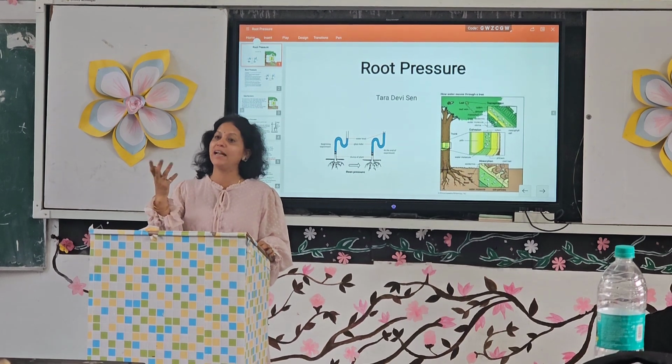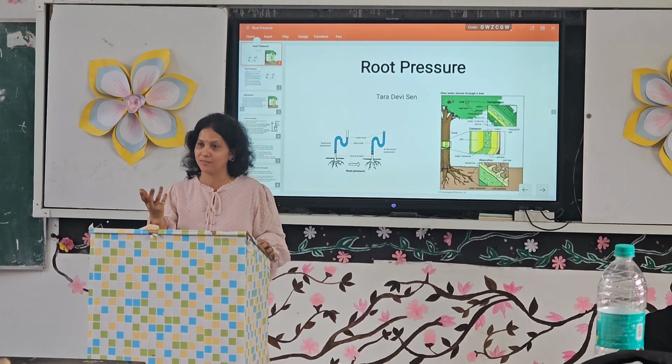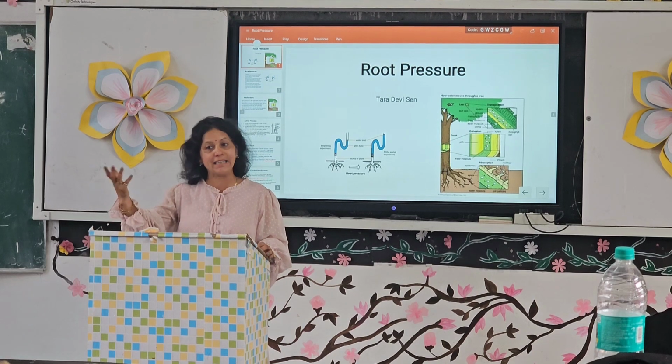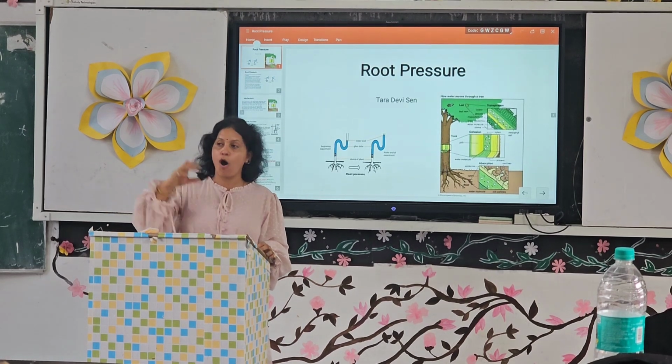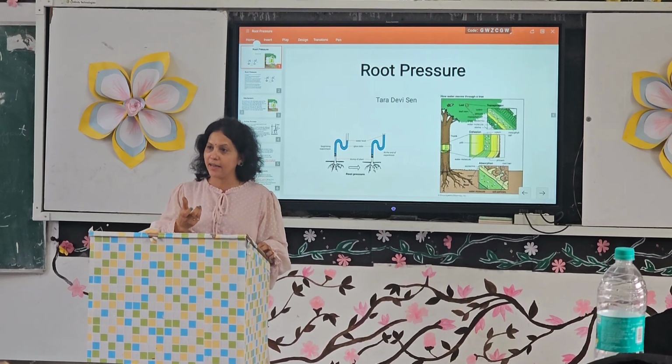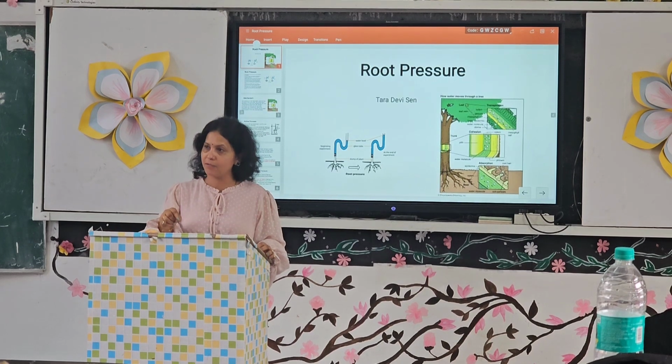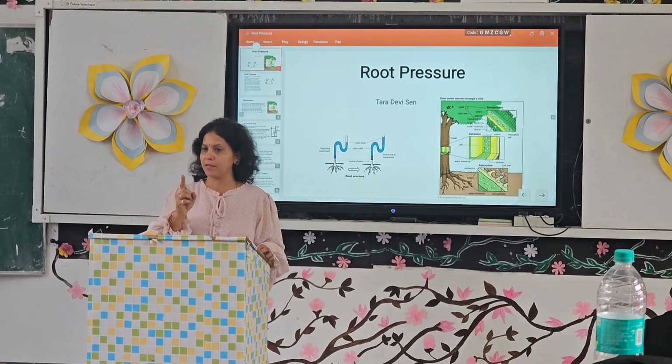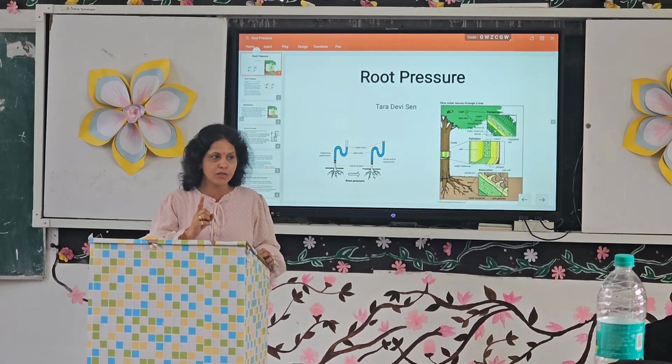Whenever we cut the twig, this transpiration pull continuously takes up water from the root system, but this continuity is broken by the cut end, and as a result the water droplet oozes out due to root pressure.